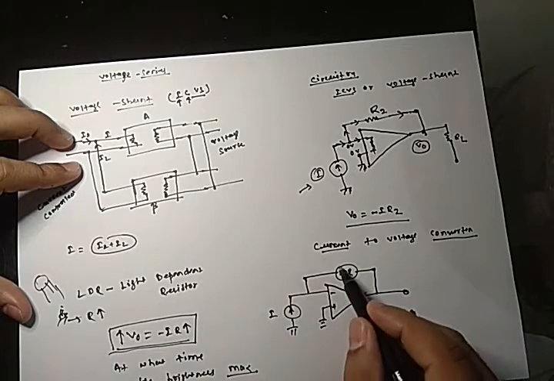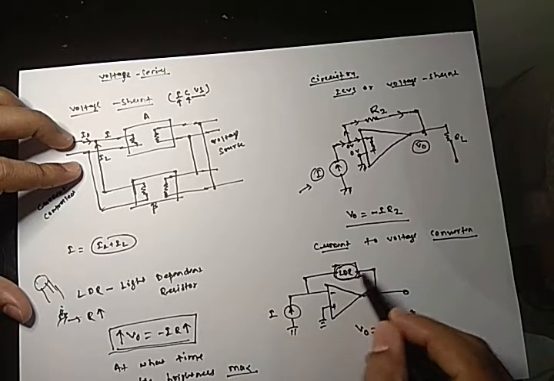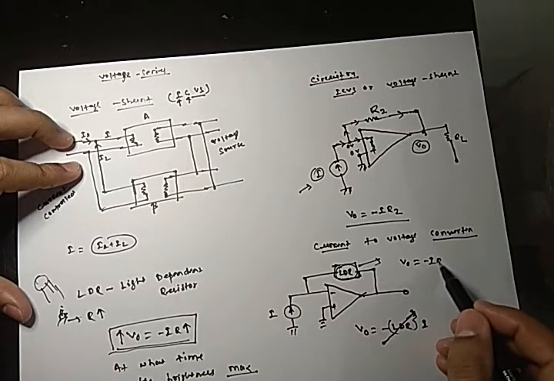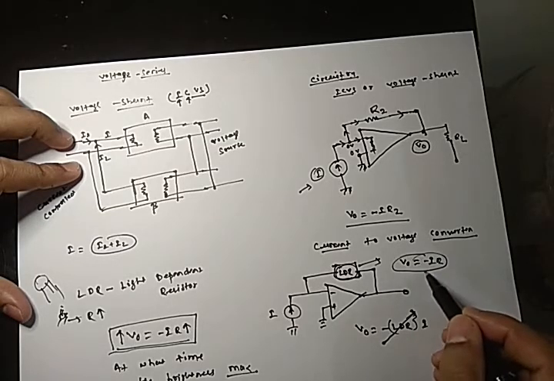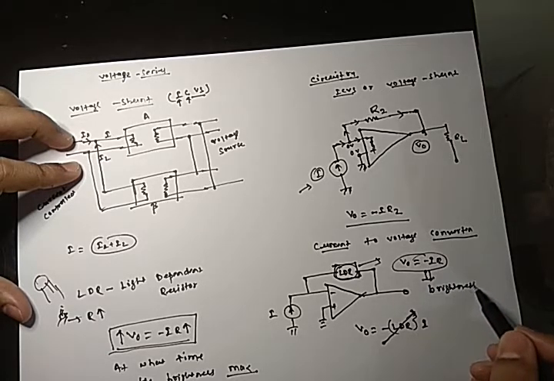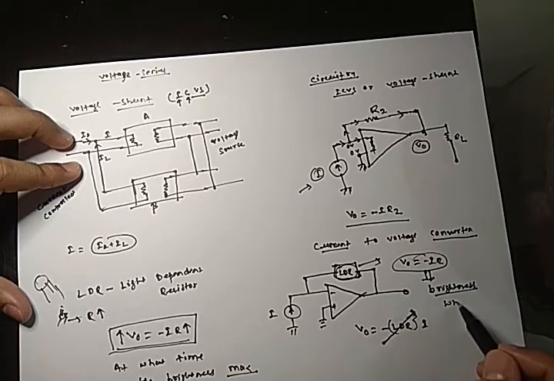or we could apply this sort of calculation V naught equals minus IR anywhere in the circuitry, to get the brightness or anything which is dependent on resistance.